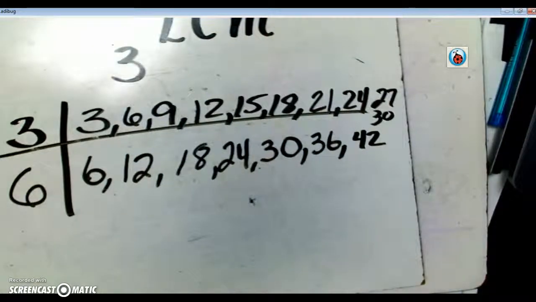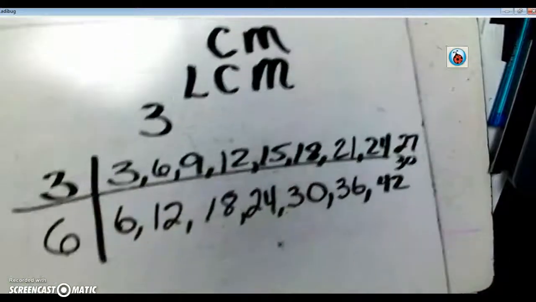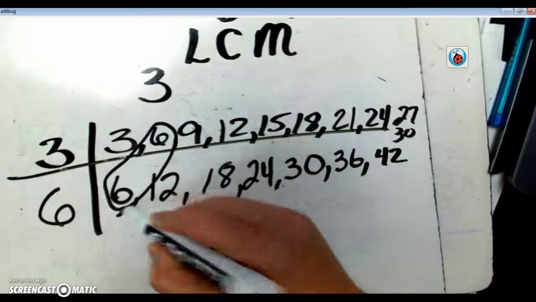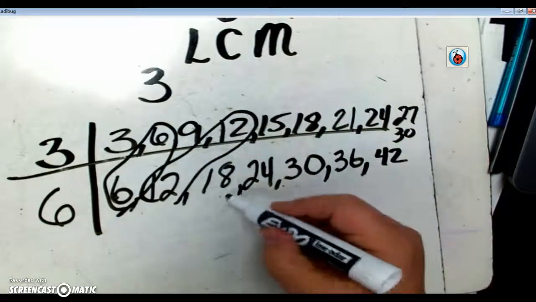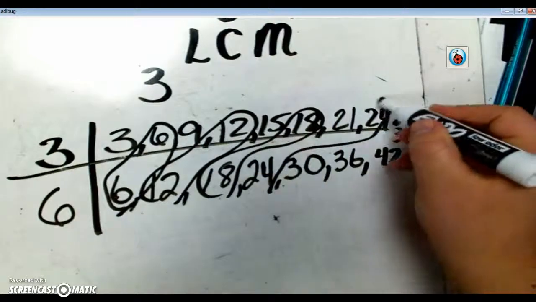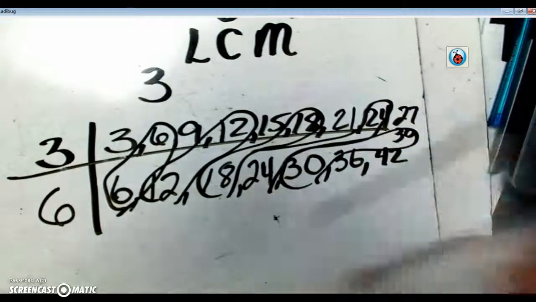If I were finding common multiples, which could be listed as CM, my common multiples between 3 and 6 would be 6, 12, 18, 24, 30, and there would be more too.